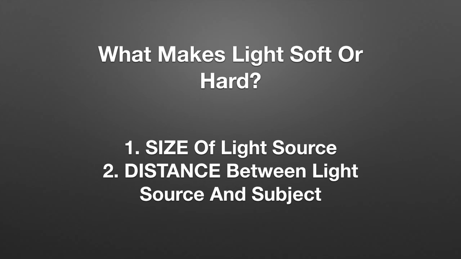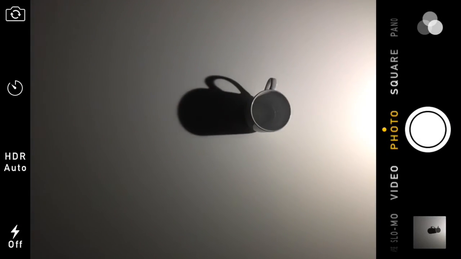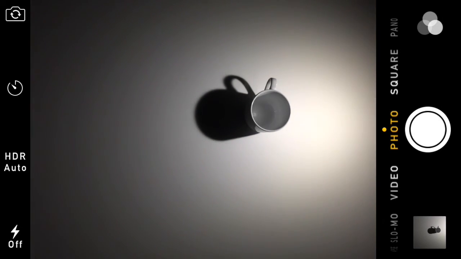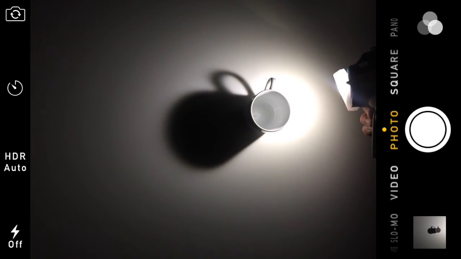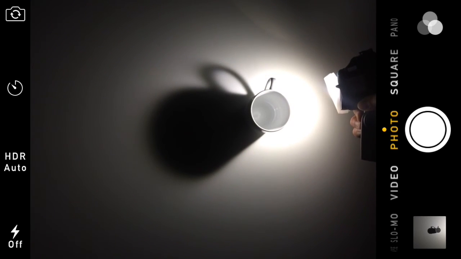Let's go back to our teacup, and this time I'm going to bring the light source in closer to the teacup. That is doing 2 things. It is making the light source bigger than it was when it was much farther away relative to the teacup, and it is also decreasing the distance between the light source and the teacup.